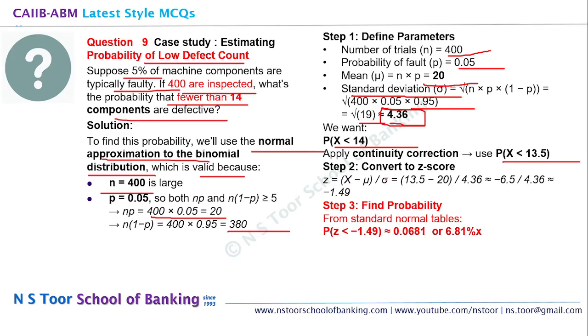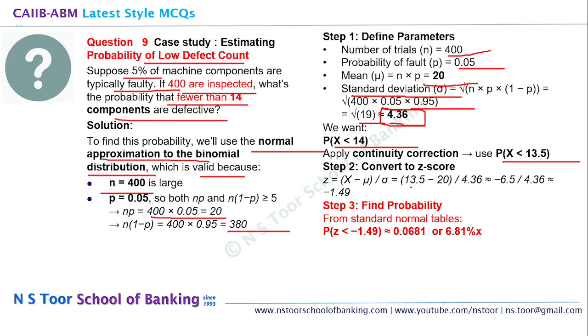So how shall we convert it into a z-score on the basis of this information? The z-score is equal to X minus mu, divided by sigma. Here X is 13.5. What is the mean? The mean mu is 20.